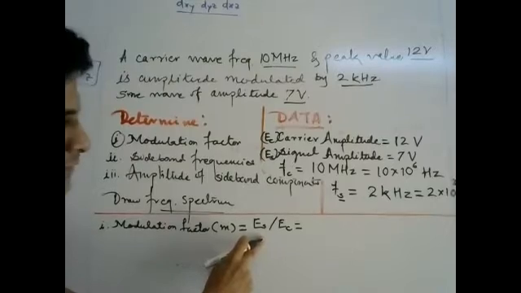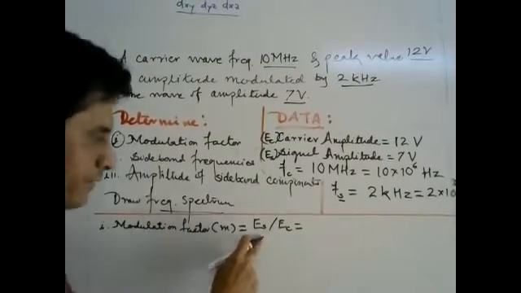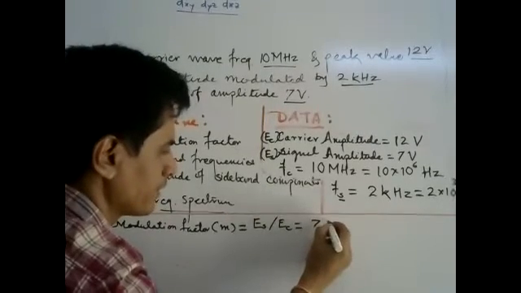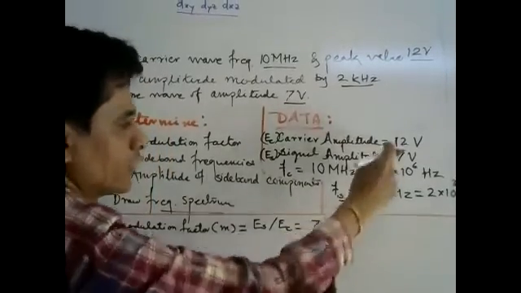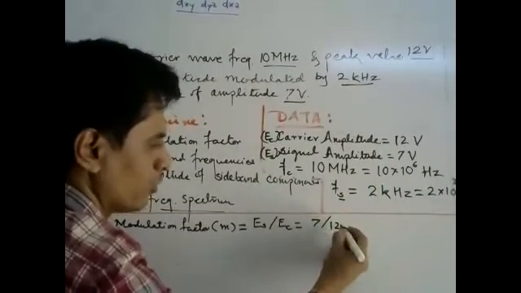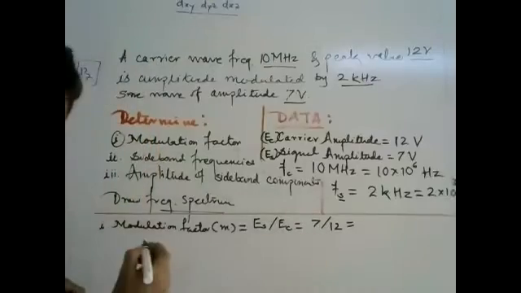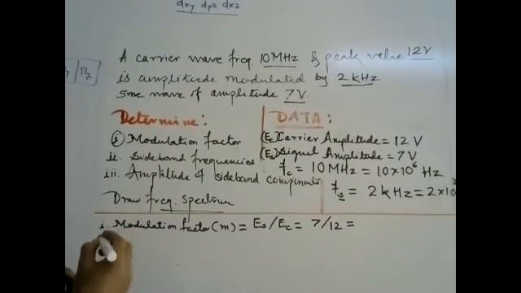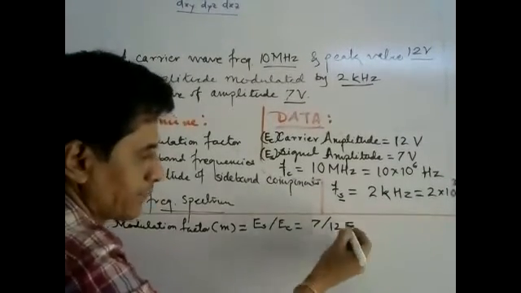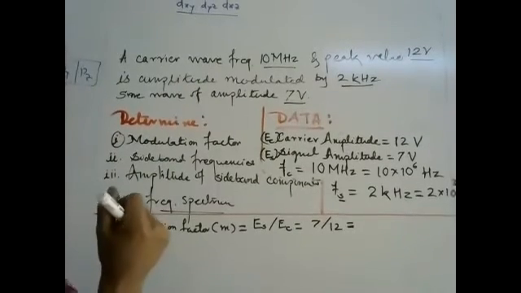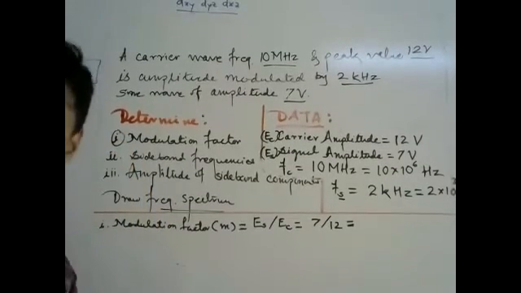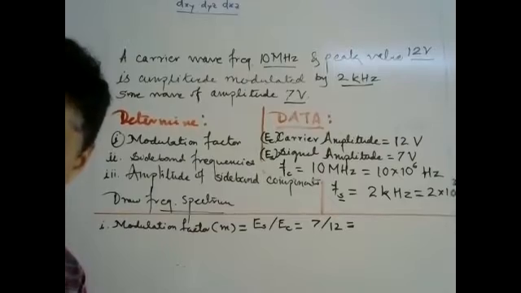What is the numeric term? 7. Very good. 7 volt upon EC. What is the EC? 12 volt. Volt gets cancelled, and 7 by 12 is equal to, yes, please tell me, student, what is 7 by 12? You can use a calculator.